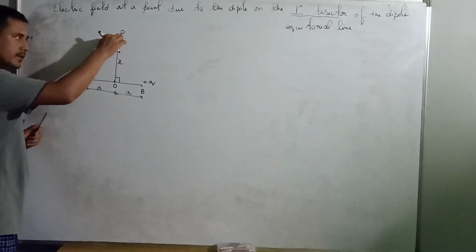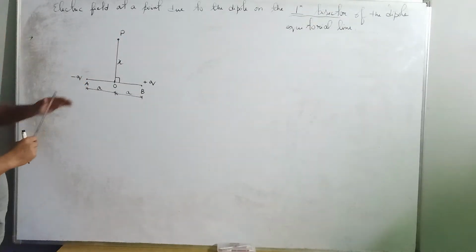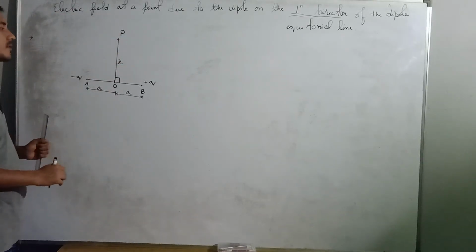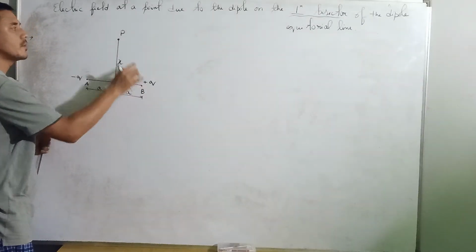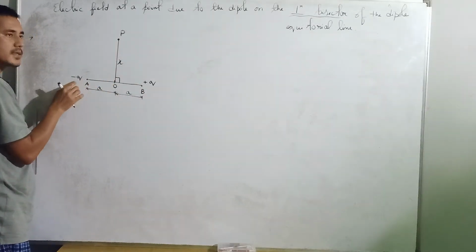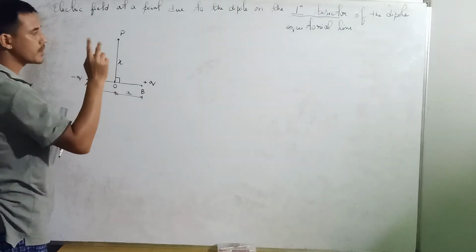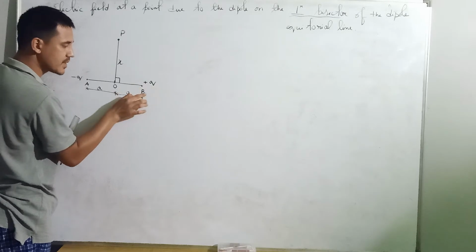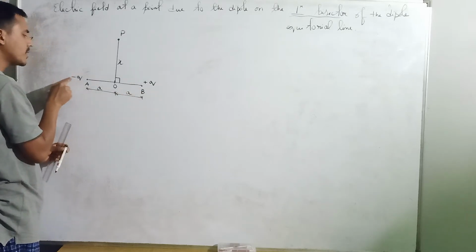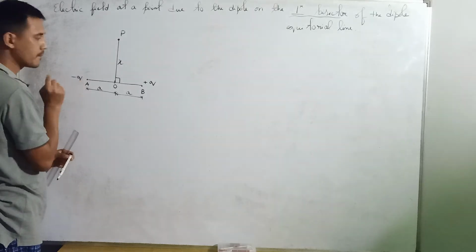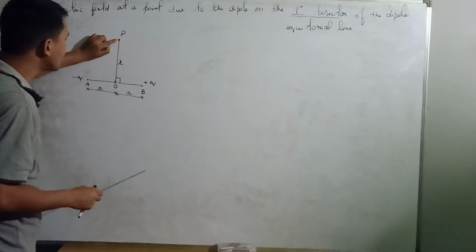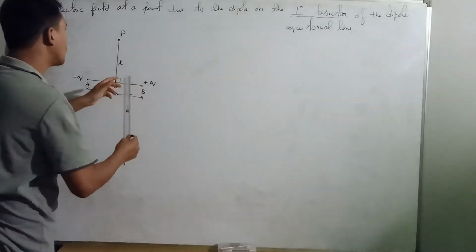Now the electric field at P will be the resultant electric field due to plus Q at P and due to this minus Q. So there will be two electric fields acting at P. One is due to this plus Q, which is placed at B, and one is due to minus Q, which is placed at A. Now, the electric field at point P due to this plus Q will act along this direction.